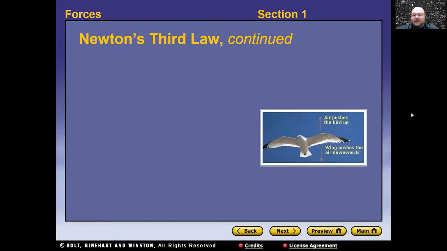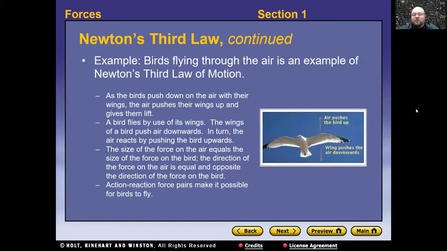The same thing happens when you have birds flying through the air. This is an example of Newton's third law of motion, because as the birds push down on the air with their wings, the air pushes the wings up and then lift occurs. So a bird flies by use of its wings. The wings of a bird push air down, and in turn, the air reacts by pushing the bird up.